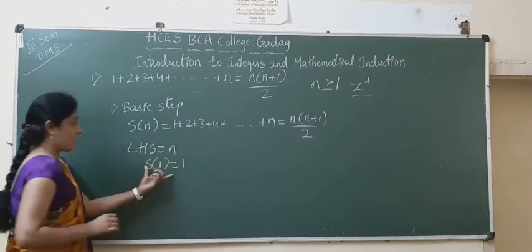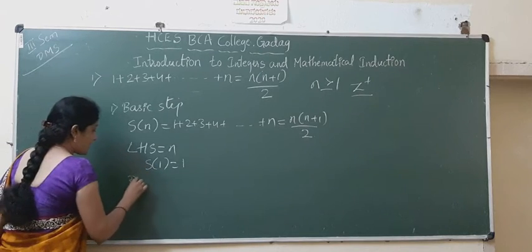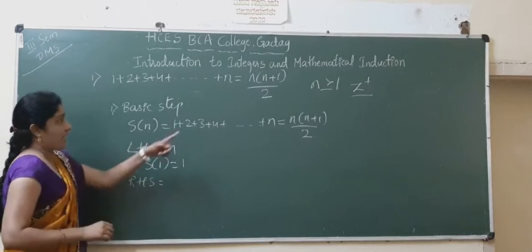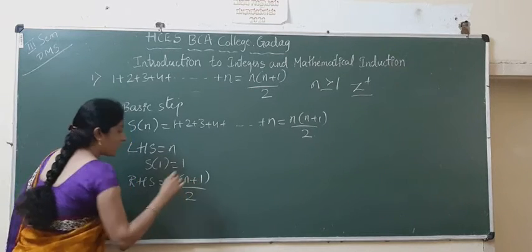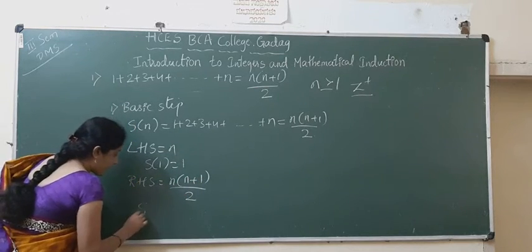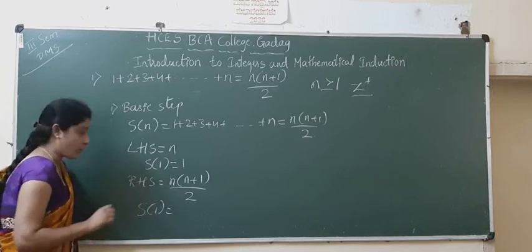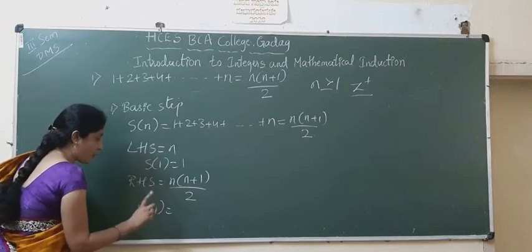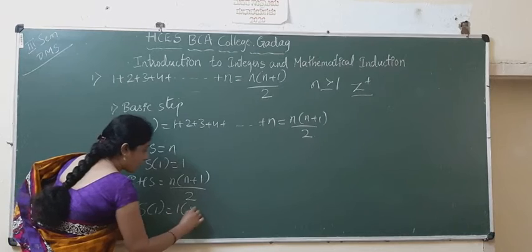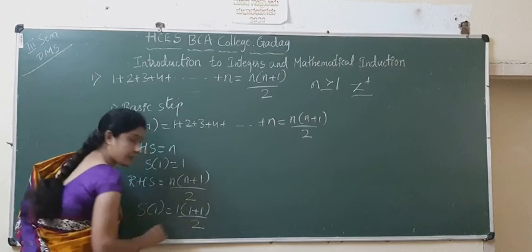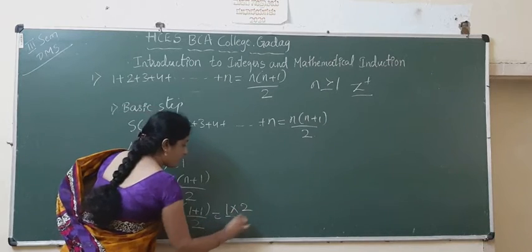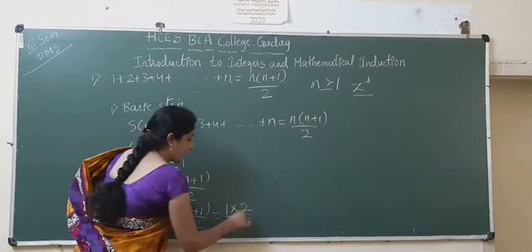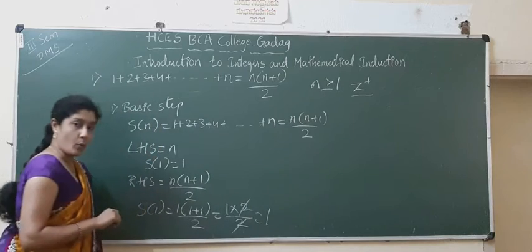Hence, this is LHS. Now, consider RHS. RHS is n into n plus 1 divided by 2. Now, S of 1 equal to, wherever there is n, you just have to put 1. This becomes 1 into 1 plus 1 divided by 2. Now 1 into 1 plus 1, 2 divided by 2. 2 gets cancelled and the answer is 1.